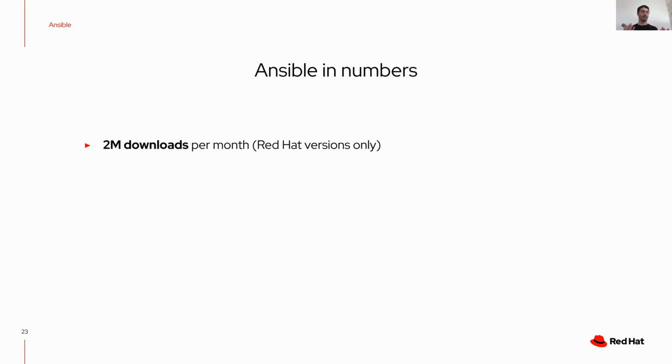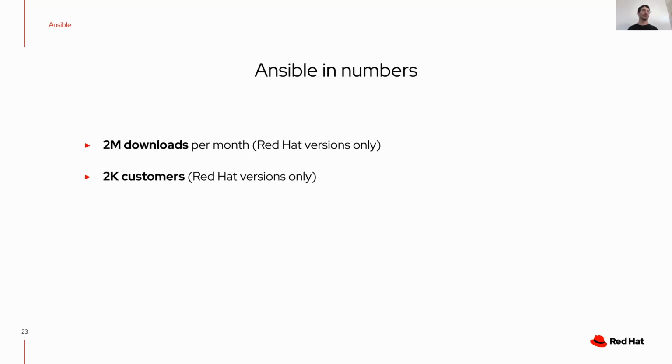So Ansible can be found as an open source project on GitHub or distributed by Red Hat, which is still open source but paid for. Also, we cannot really count the downloads from GitHub due to how GitHub works, but we can count the ones that are officially downloaded from our website, and this is 2 million. So the real number is way bigger.